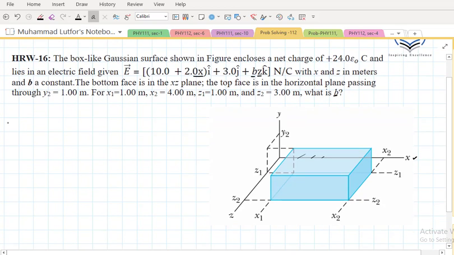Fine. To solve this one, we have to use Gauss's law.